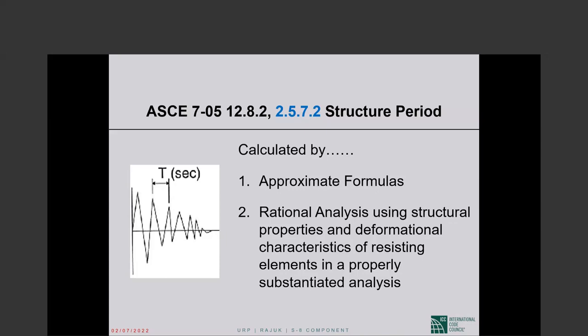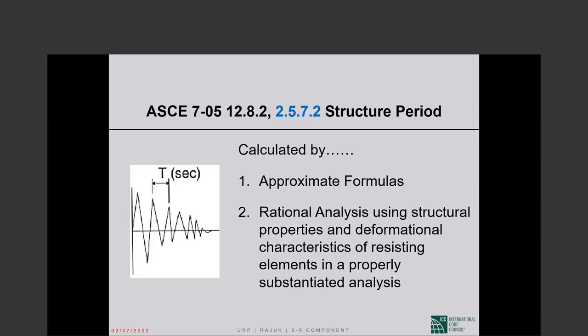And that is denoted by T sub A. So you can start your seismic design by T sub A. And once you have gone part way through the design, you can refine your period estimate if you so choose.